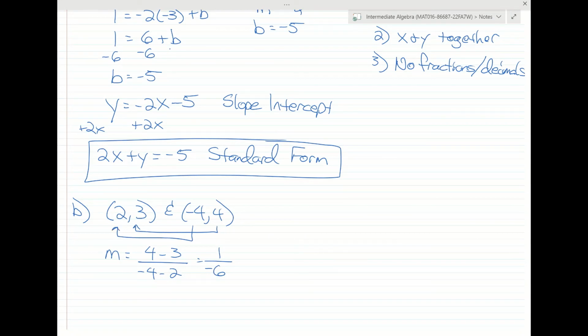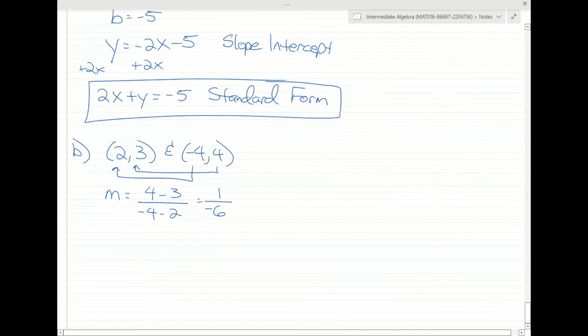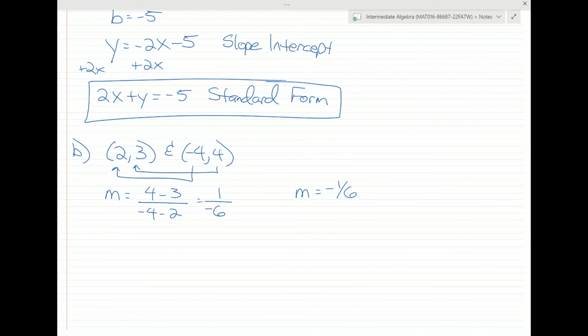You guys found? All right. Well, that's good. So we have a slope. Which point should we use? The first or the second? First. We're going to do exactly the same thing we did in the other problems, where we're going to find the y-intercept.